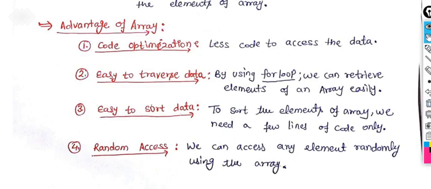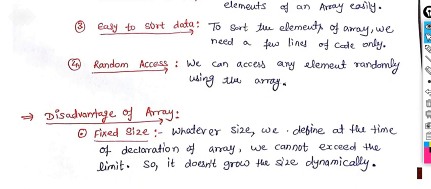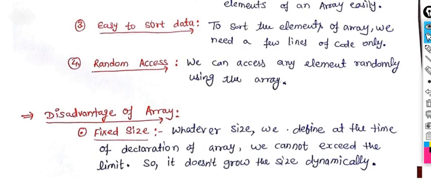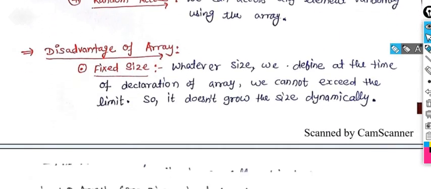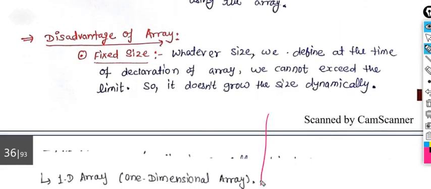Along with the advantages or features, we have a drawback also. What is the drawback of the array? Fixed size is the drawback of the array. Why is it so? Whatever size we define, we have to define it at the time of declaration of the array only.